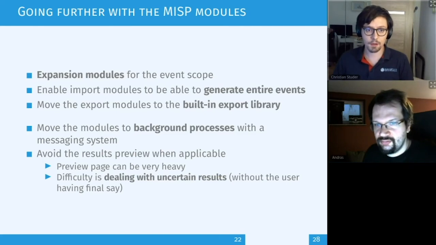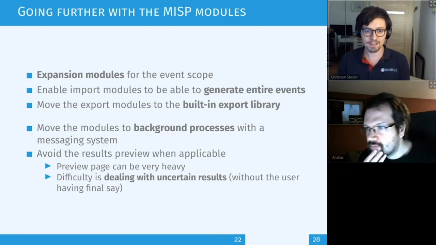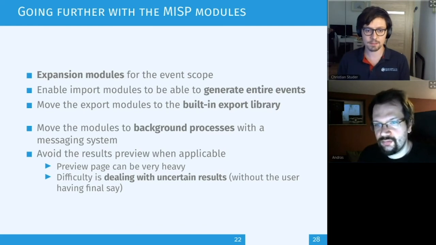We've talked about our improvements to the MISP module system already, but despite there being a shift in the right direction, we're not happy with them just yet. Expansion modules are currently limited to expanding individual data points. We want to expand this to take into account its context.